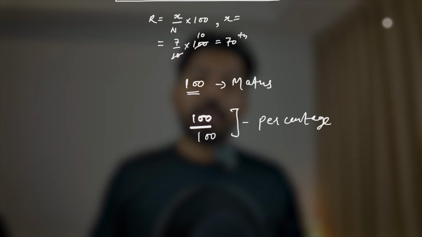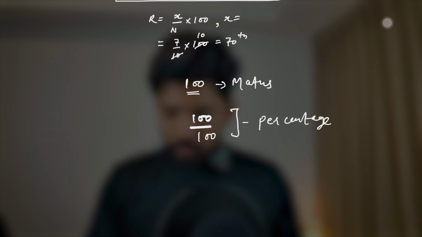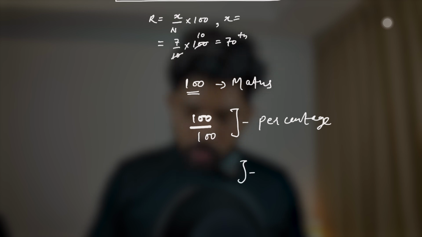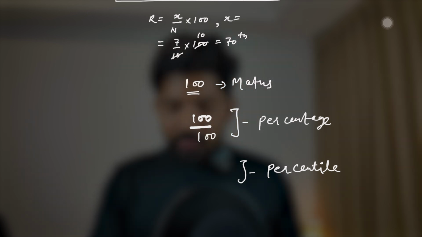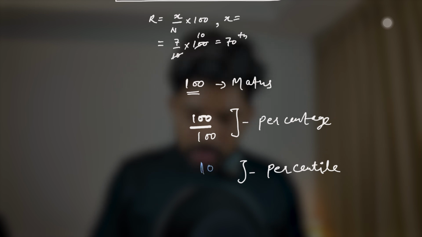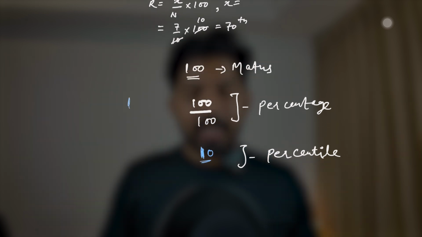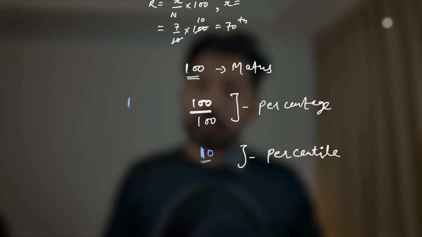Again, if someone comes and tells you that they got 100 percentile, that doesn't mean that they got 100 marks. It is highly possible that even if he got 10 marks, still he got the 100 percentile, which we have seen previously. Let's say in his class there are only 10 students, right?